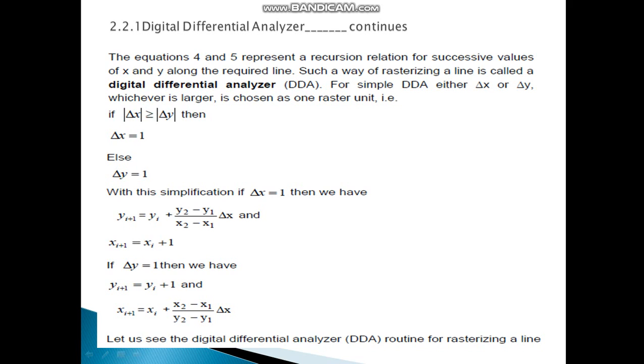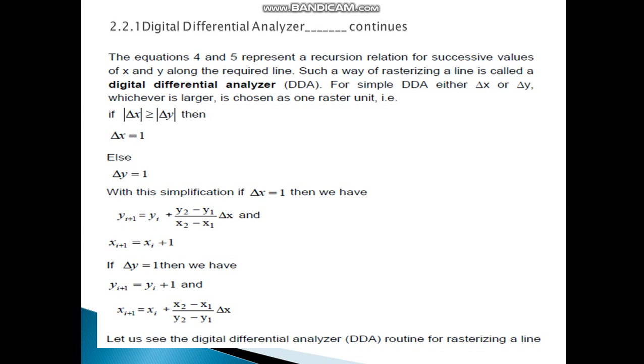Here, if the slope of the line is less than 1, x increments. Means the straight line, that is x1 and y1 and x2 and y2, and suppose the first point is x1, then the next point is x2, then next is x3, means we find out the difference between x2 and x1.